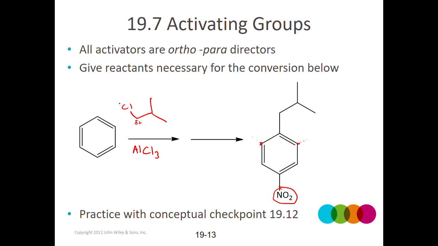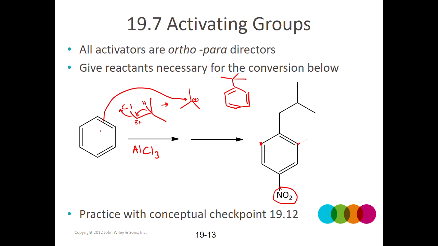So the chlorine could leave, but that would produce a really unstable primary carbocation. So it won't do that on its own. What would be likely to happen is for it to leave, and as it's leaving a hydride shift would produce a tertiary carbocation. Then the ring would attack that, and I would end up getting a tertiary group there after re-aromatization. But that's not what I want.